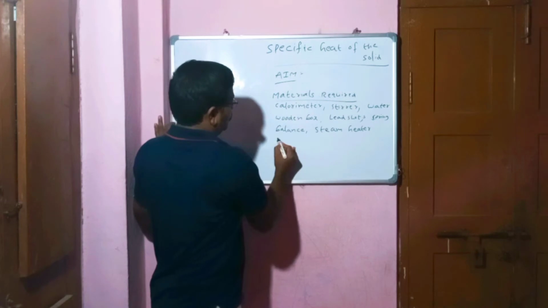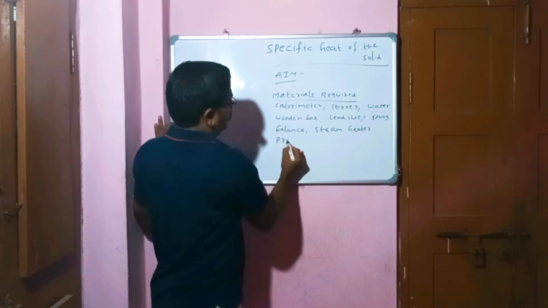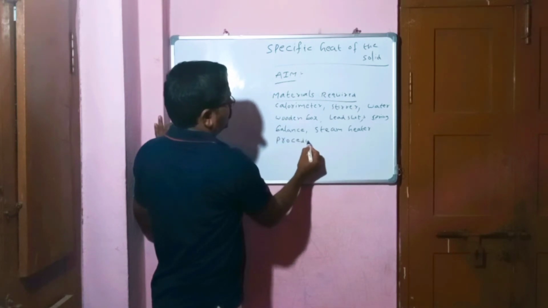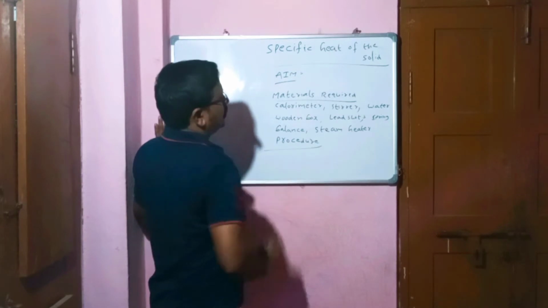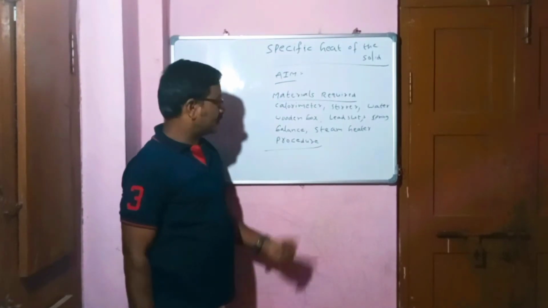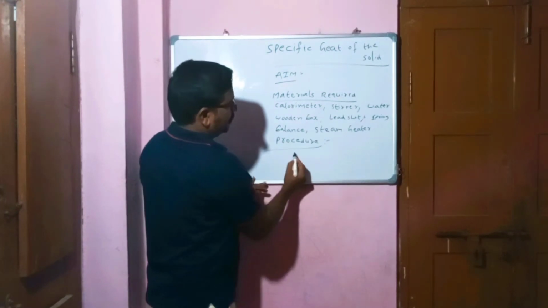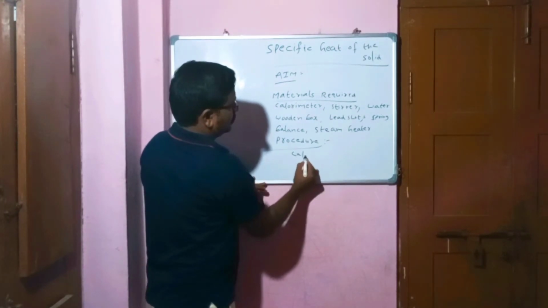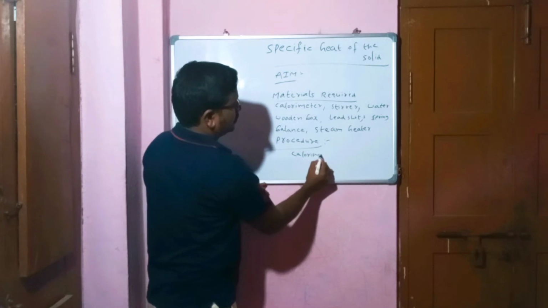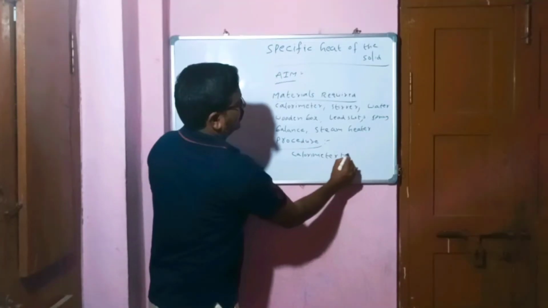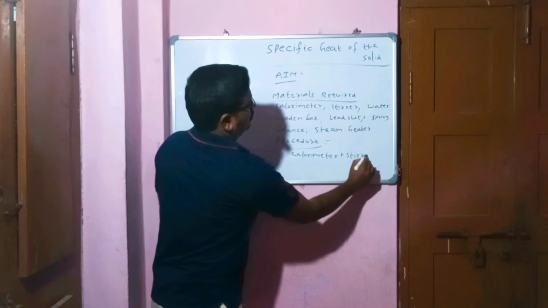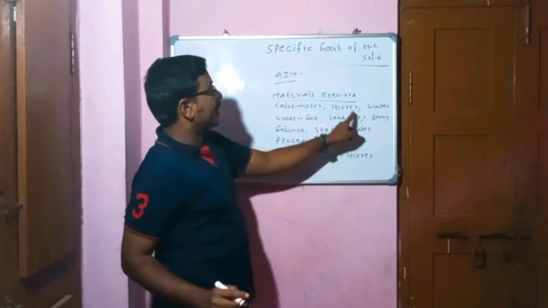Next, procedure. How to proceed to determine the specific heat of lead shards. First, you determine the mass of the calorimeter plus stirrer only, using the spring balance.